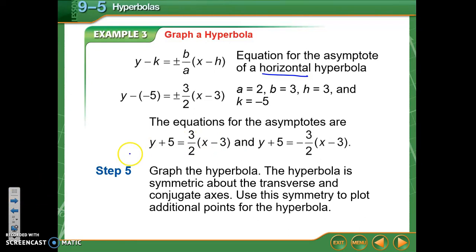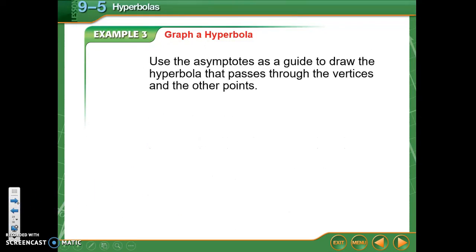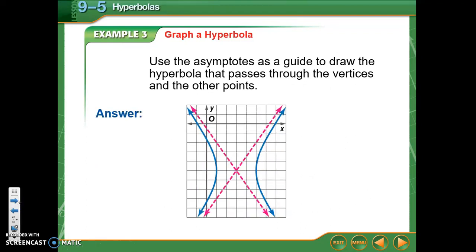Now I'm going to graph the hyperbola. The hyperbola is symmetric over the transverse and conjugate axes, and I'm going to use symmetry to plot my hyperbola. So let's take a look at how we would graph this, okay? First, I always graph my center, and then I like to graph the asymptotes. Actually, I lied, I like to draw the transverse and conjugate axes first.